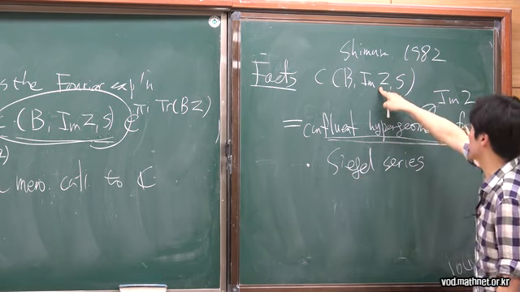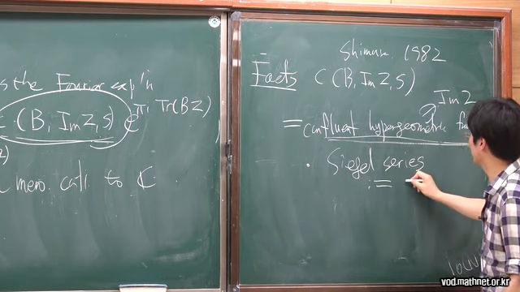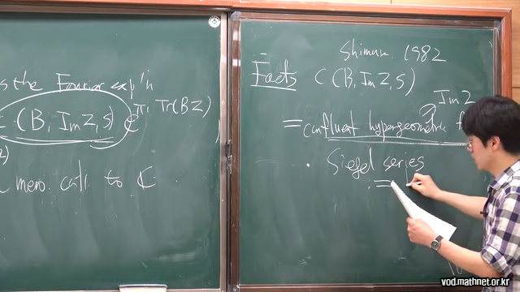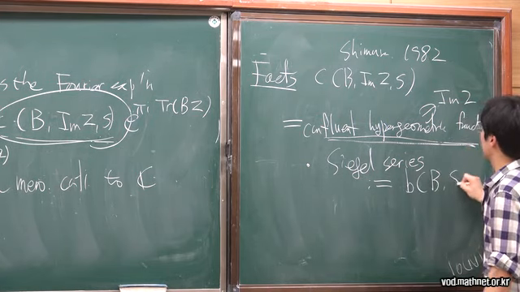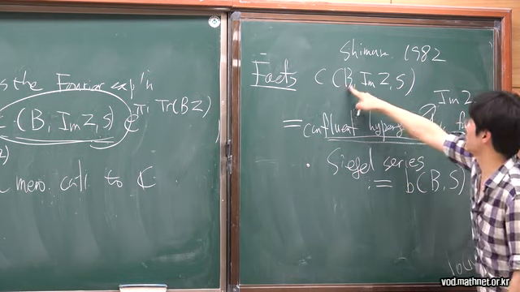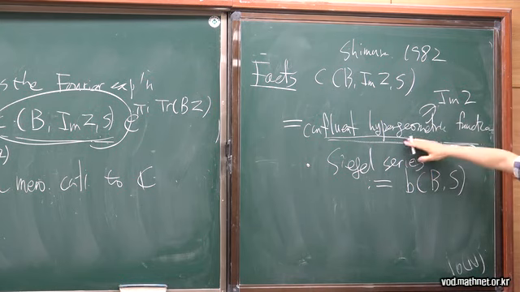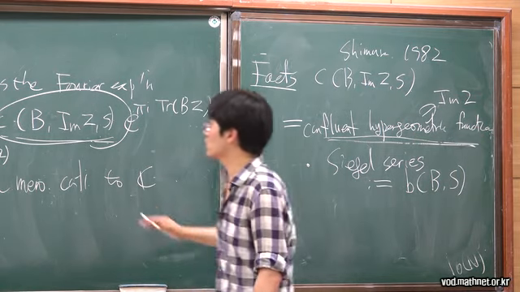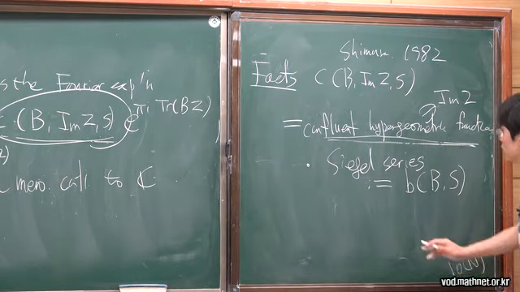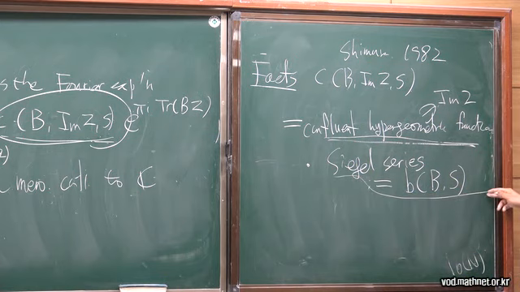So we can write it down as b with b s, since it only depends on the matrix b and s. Since the first is completely analyzed by Shimura, to understand the Fourier coefficient of Siegel-Einstein series, we only need to understand this Siegel series.